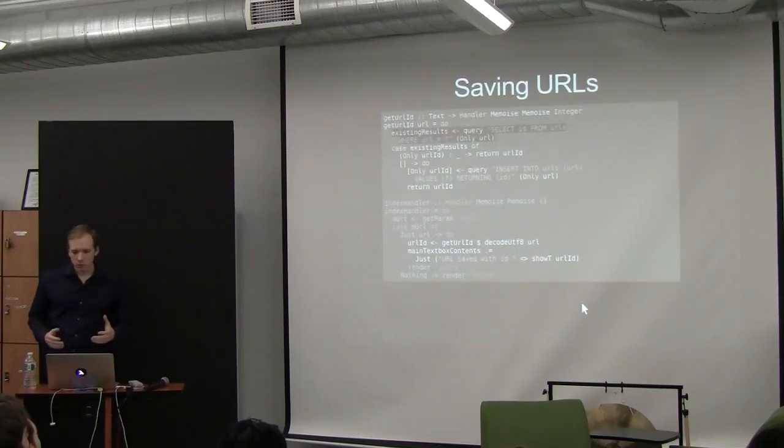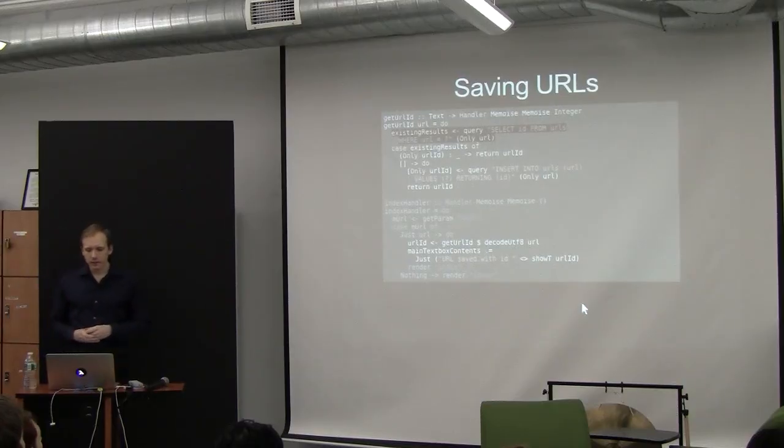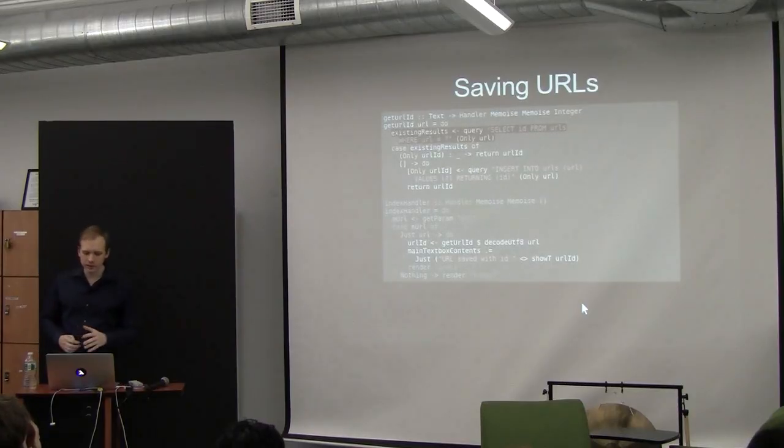So what we're going to do is use a SQL command, which we invoke using query. And that comes from the Postgres snaplet. The first line here is actually checking to see whether the URL already exists, because we don't want to create a different ID for the same URL over and over. So first we're checking to see whether it exists. If it does, then we just return the existing ID.